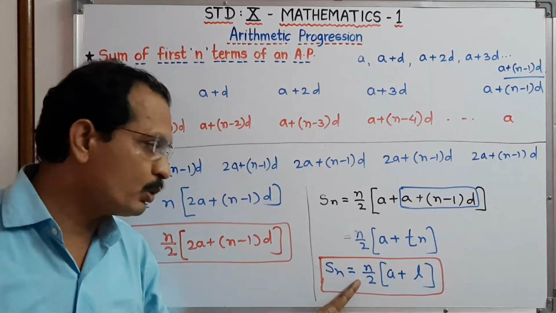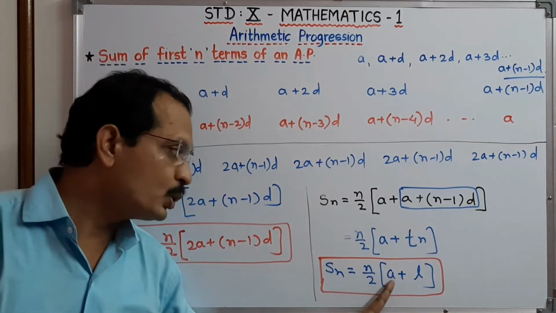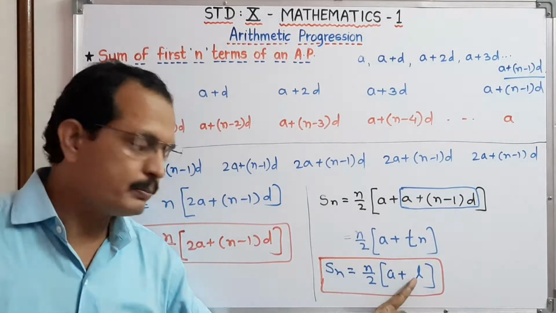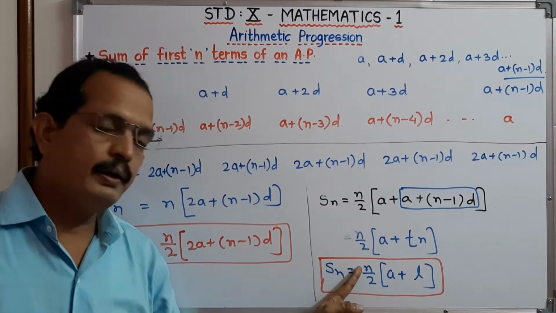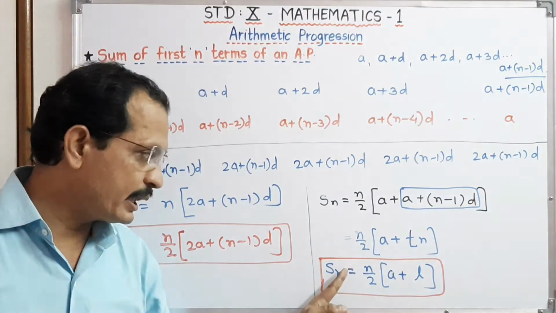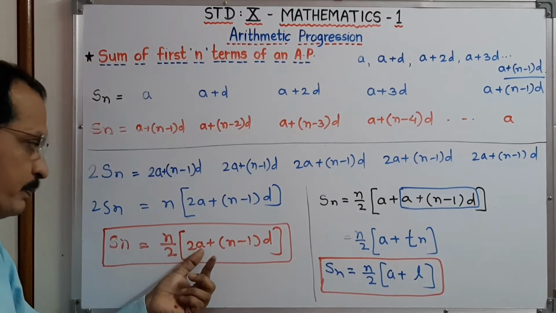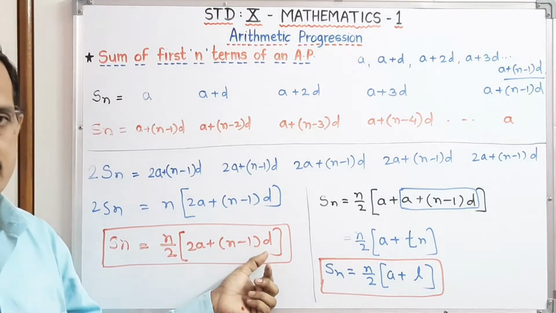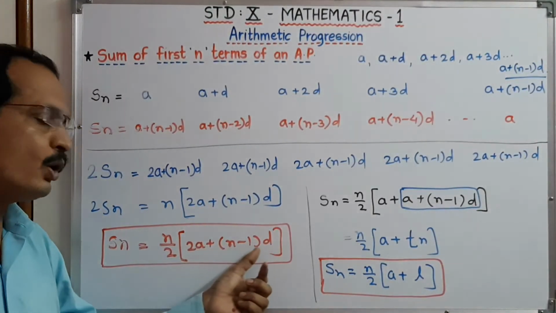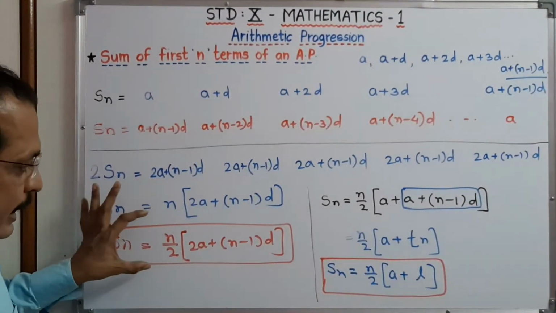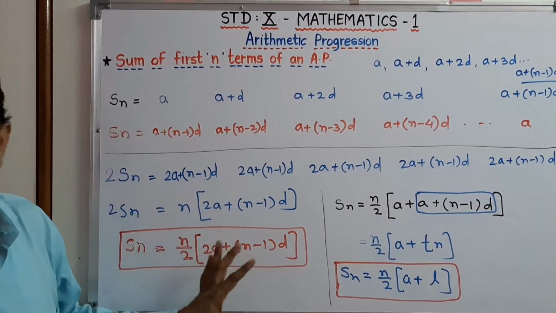We can use this when we know a, that is the first term, the last term and the number of terms. If the first term and the last term are given, or the first term and the common difference are given, and we have to find out the Sn, then at that time we can use this formula.